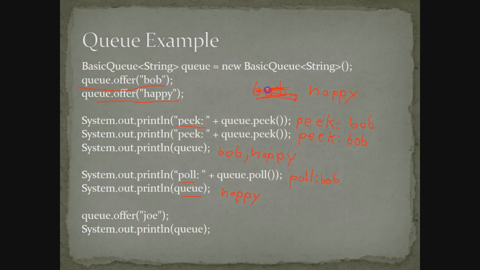He's no longer part of the list. Then if we offer Joe, Joe would go behind Happy because Happy is the one that's been here the longest, so he's now in the front. When we print, we get Happy, comma, Joe. Happy's in front, Joe's in back.